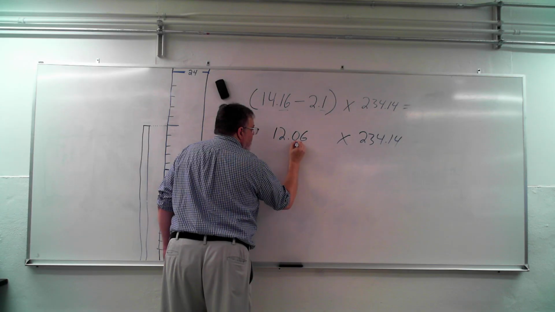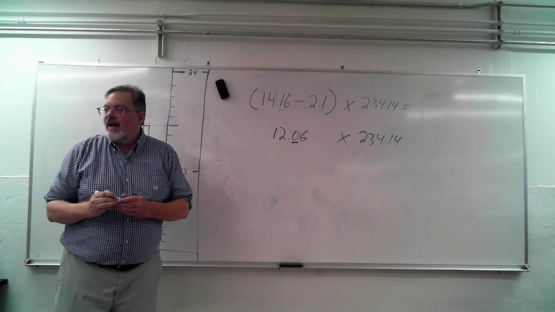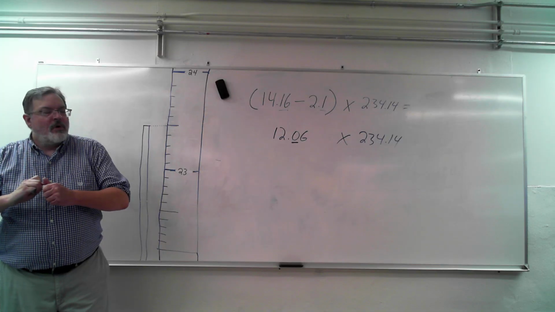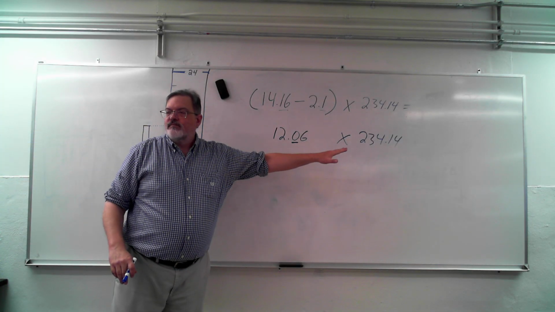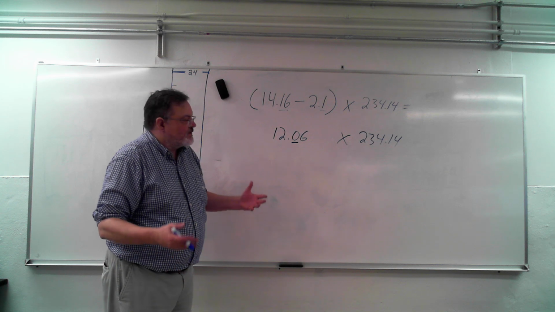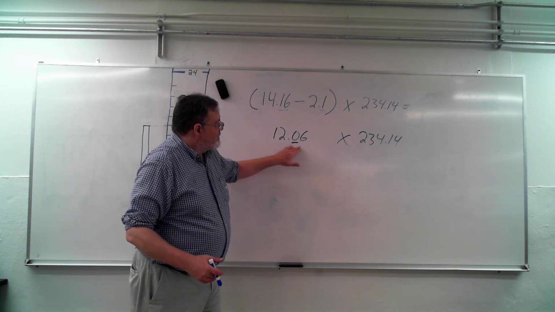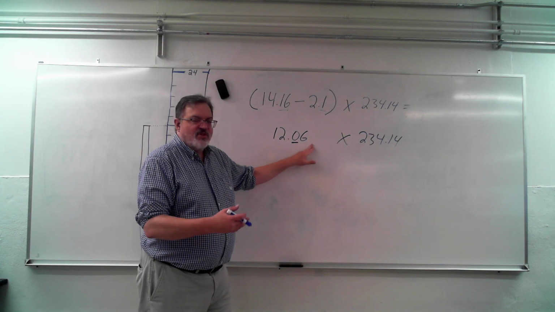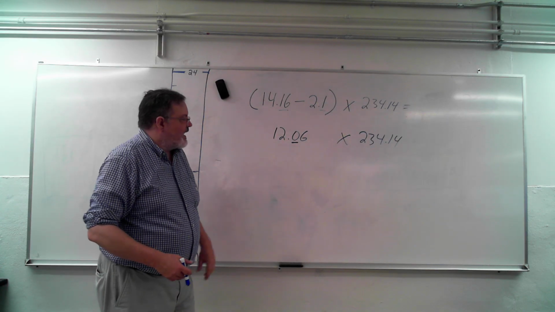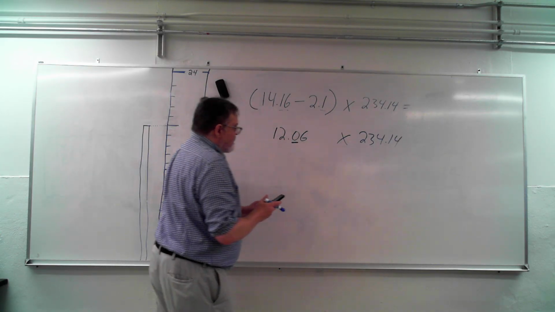So I'm going to put an underline right here just to remind myself that that's really where I need to round this back to. You see that? But I'm going to keep this 6 and use it in the calculation. So that's the twist with multi-step calculation. You're still going to use whatever little bit here that you have. You keep that for your calculation, and then get to the final calculation.